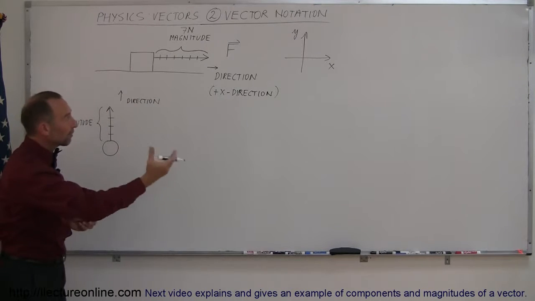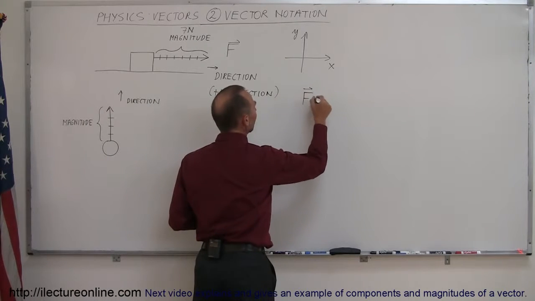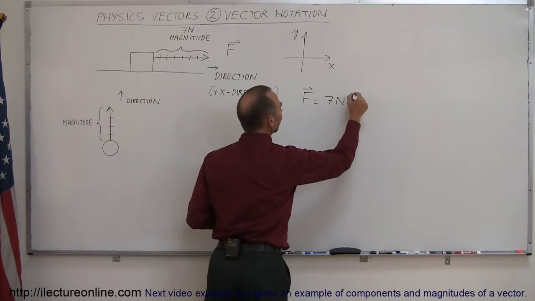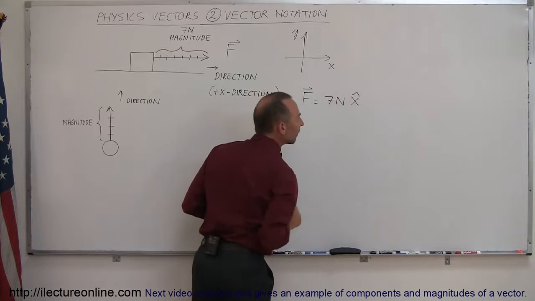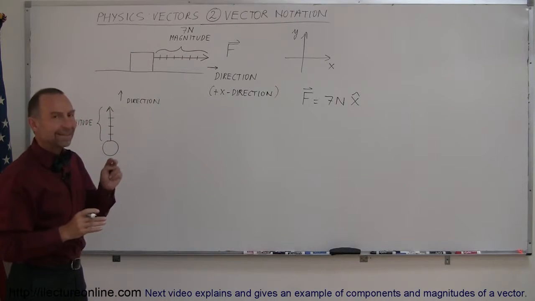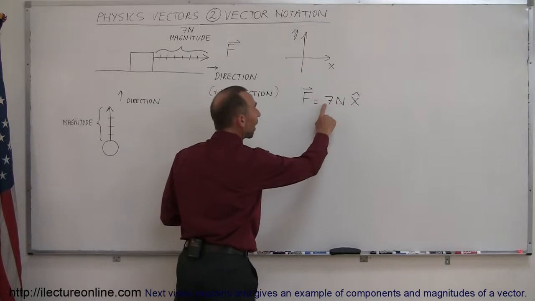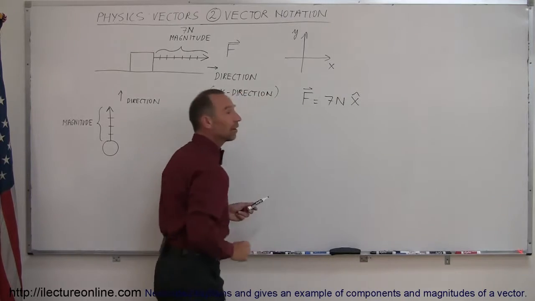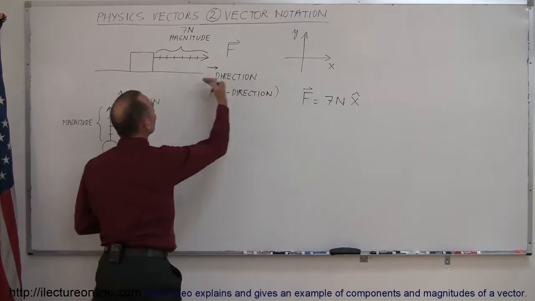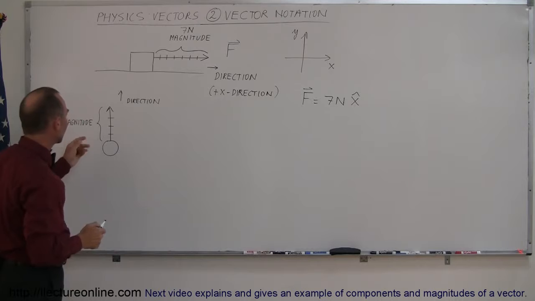It's pointed to the right in the positive x direction, so we can write that F, the force, is equal to 7 newtons, which is the magnitude part, times x with a little symbol on top, looks like a little hat, and that represents that it's in the x direction. Now, the fact that 7 newtons is positive means that it's in the positive x direction. If I had put a little negative in front of it, then the force would have been acting to the left.